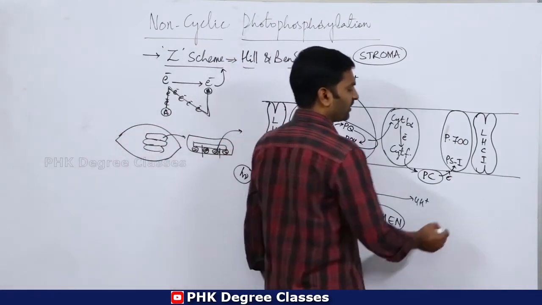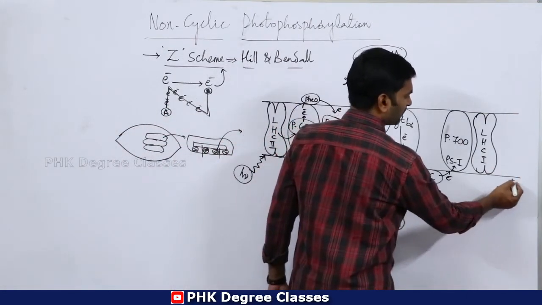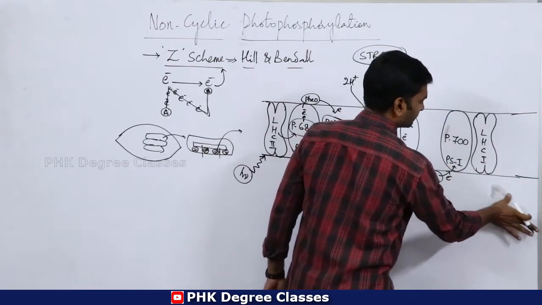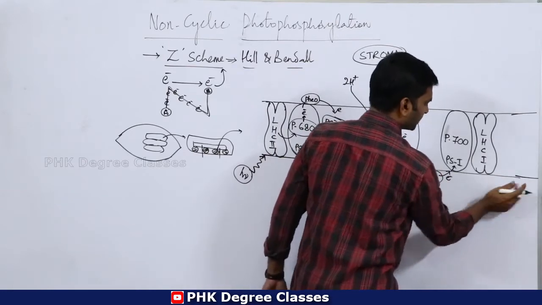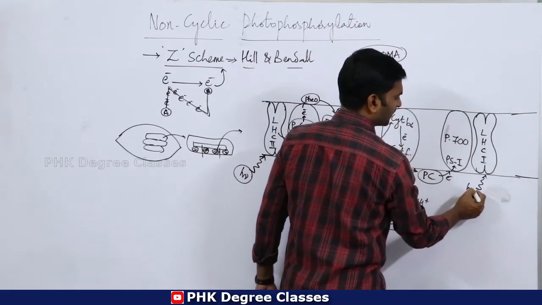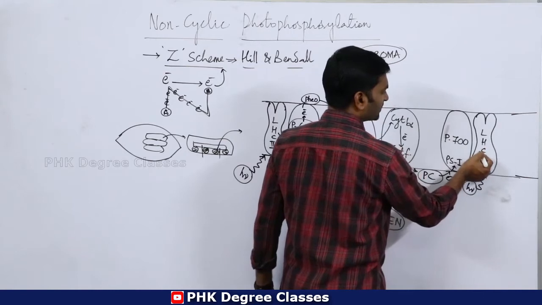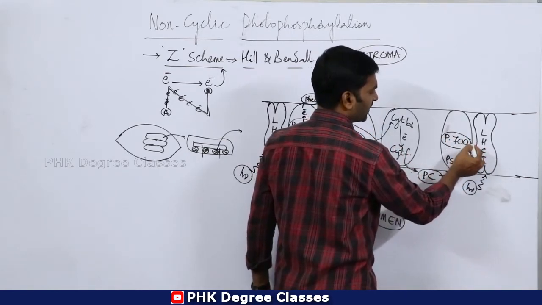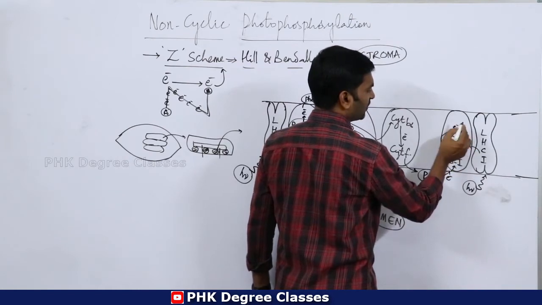This particular photosystem also receives sunlight, that is h nu, and this sunlight reaches P700, that is the reaction center. Then finally it loses an electron.